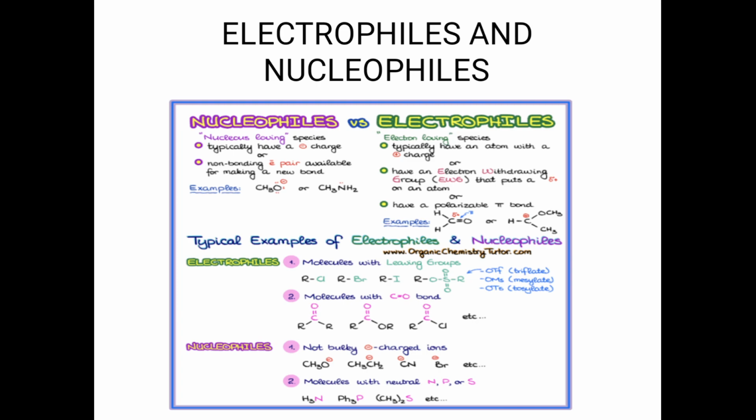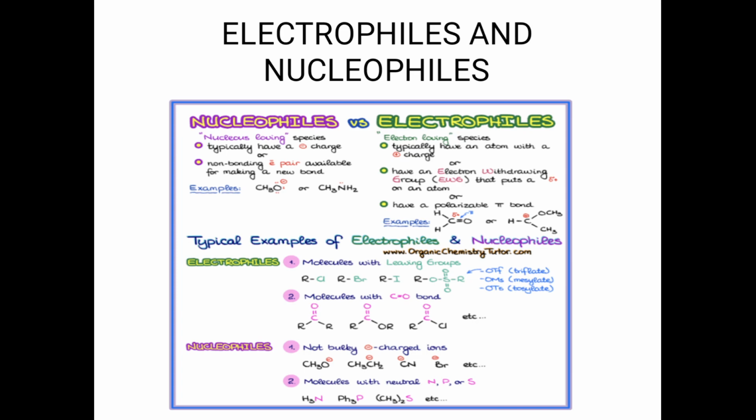RC double bond OCl. Now, nucleophiles are those species which are negatively charged and get attracted towards a positively charged center. Nucleophiles are negatively charged species, or they can be neutral as well, but the condition is that they should contain a lone pair of electrons.